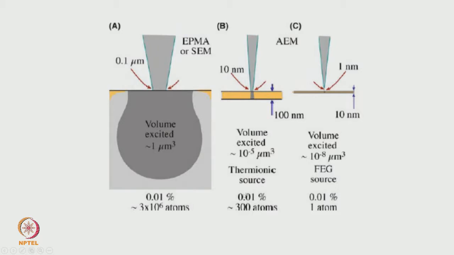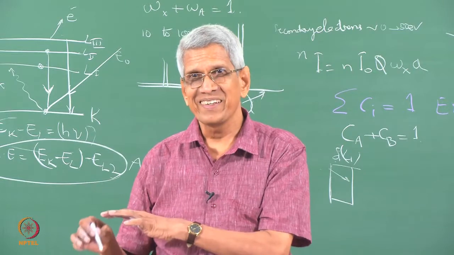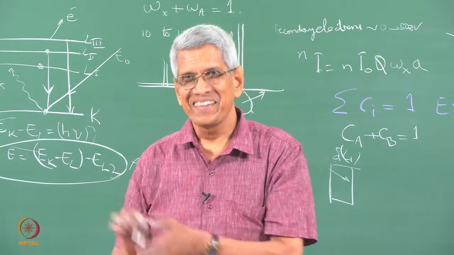If you use a thermionic source, 300 atoms are going to be analyzed for this concentration. If you use a 1 nanometer beam size and 10 nanometer sample size with an FEG, essentially only one atom may be present in this region to give this concentration. To get the signal from this is not trivial, right.